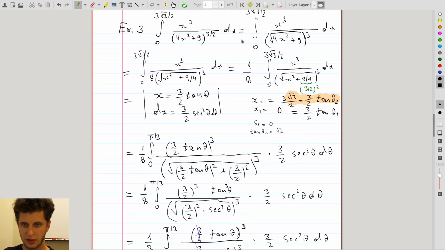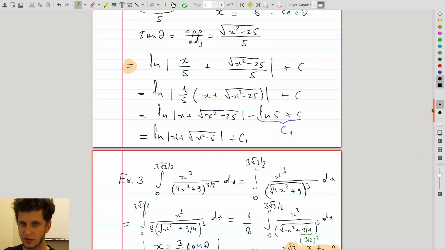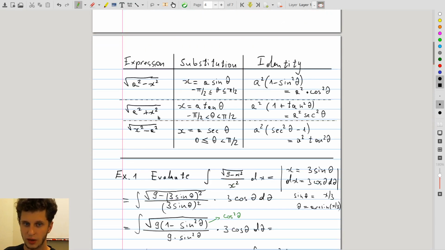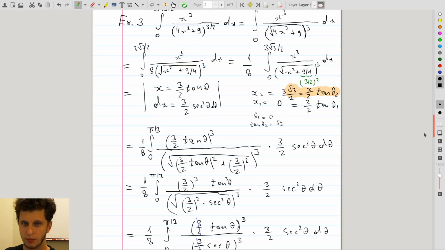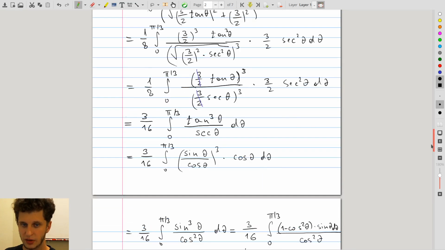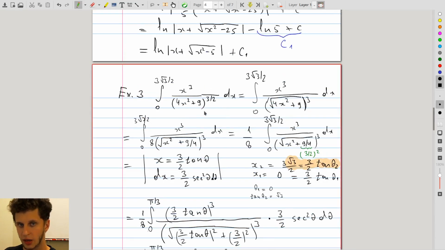Another thing is whenever you have a constant factor times x squared plus a constant squared, you can take the coefficient in front of x outside the integral, and then you're in the case where you can apply trig sub directly. So whenever you have some coefficient that gets in your way next to the x, you can take care of it by factoring it outside the integral.